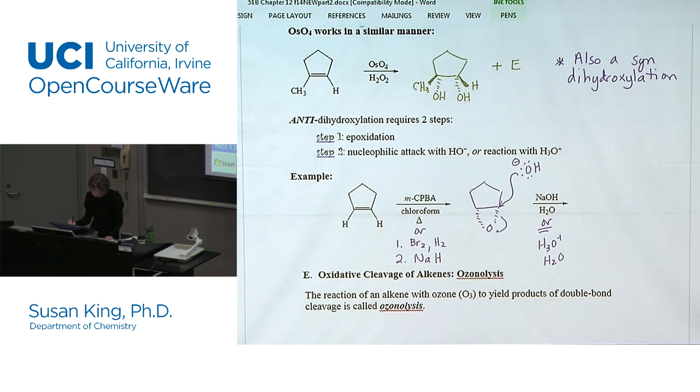And then we break this carbon-oxygen bond. That gives us this. This is going to be here, O minus. We have our hydroxyl coming up here. And then we protonate. Here we would protonate with water.